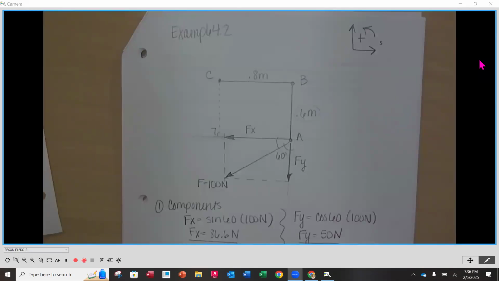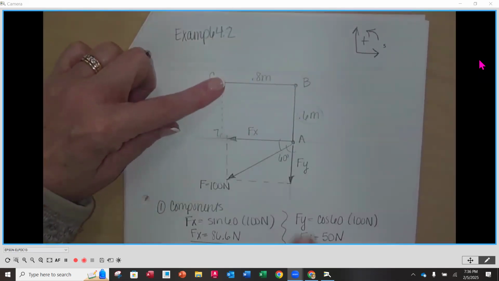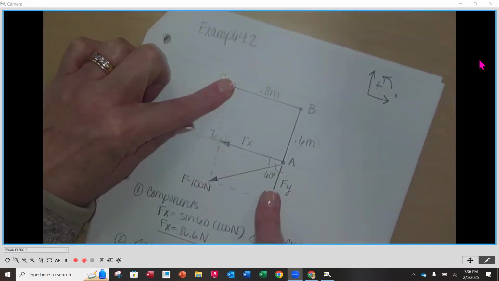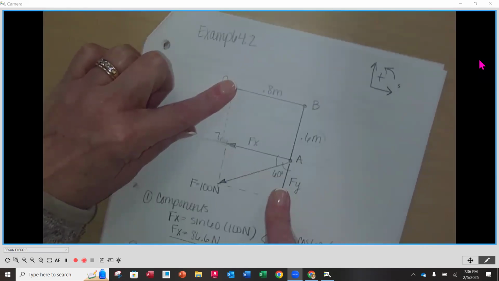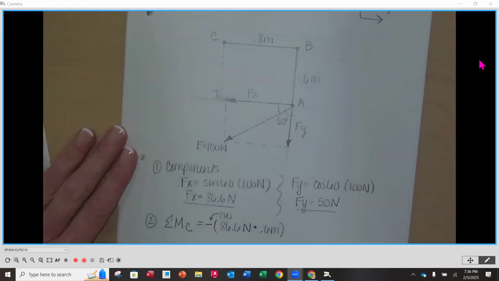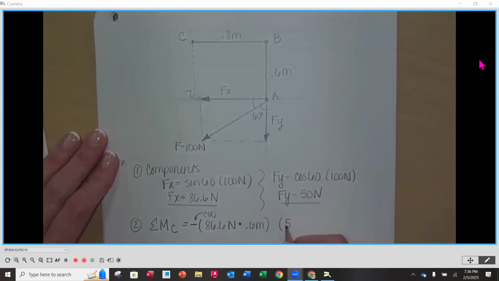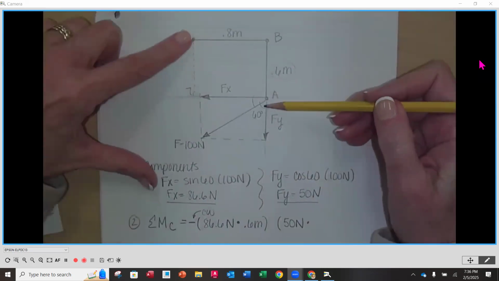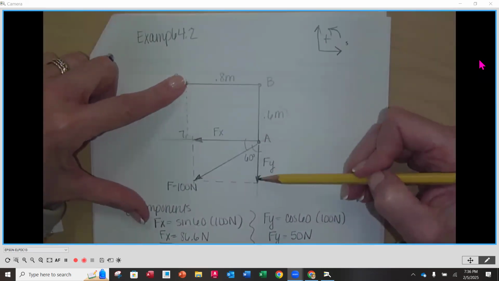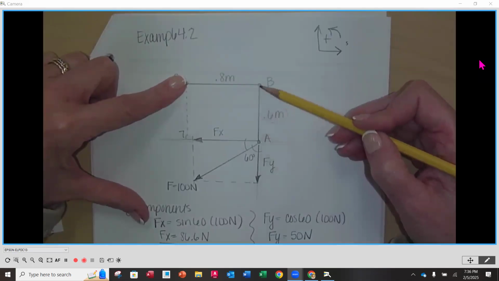Okay. Put my finger back on C, and now I'm going to pull in the direction of Fy. Does Fy cause a rotation? Yes, it does. So it's going to be Fy's magnitude, which is 50 newtons this time, times Fy's perpendicular distance to C. We're going to back this force up along its line of action.